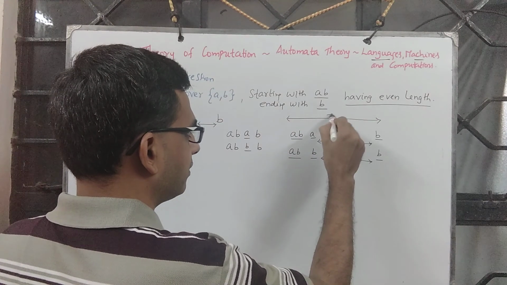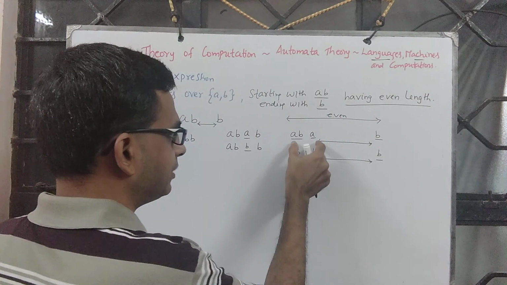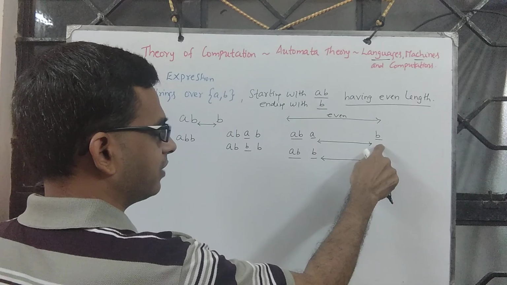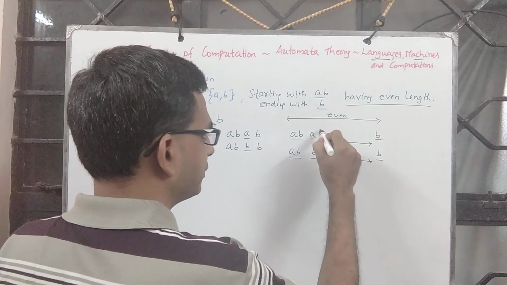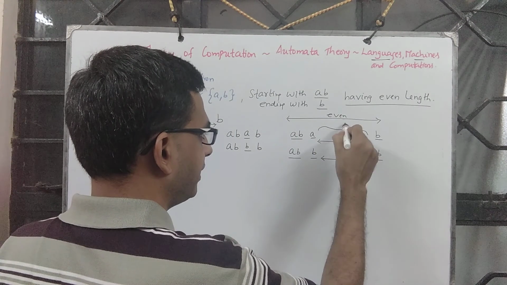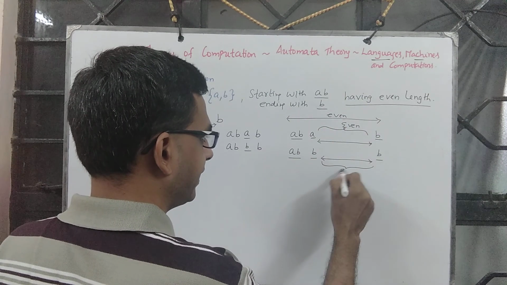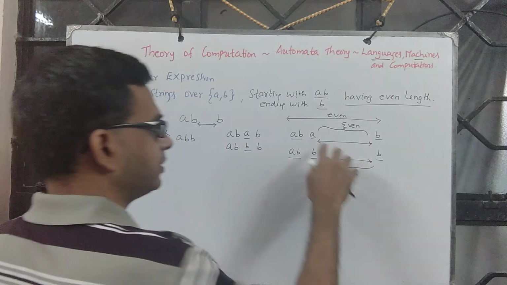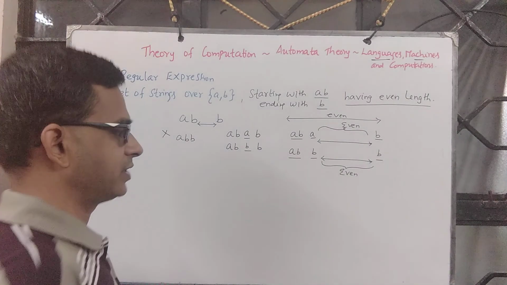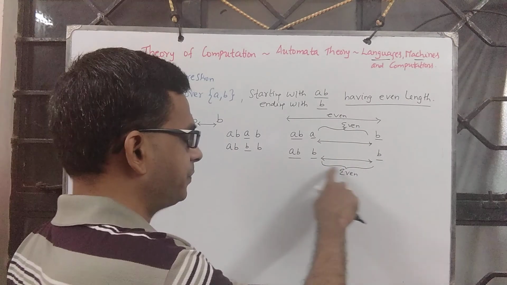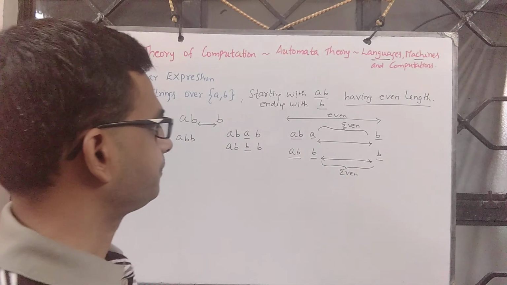Overall it is even, and this part is even, 3 plus 1, this part is even. So naturally, this one must be an even length string.